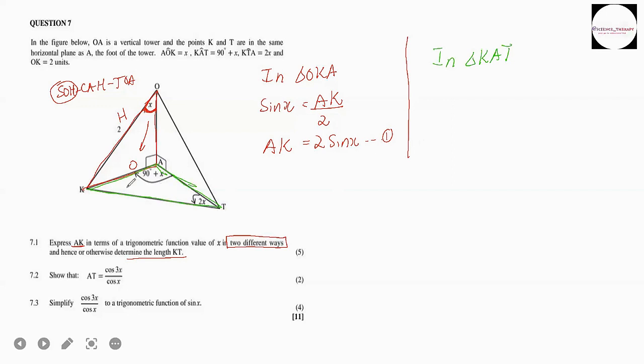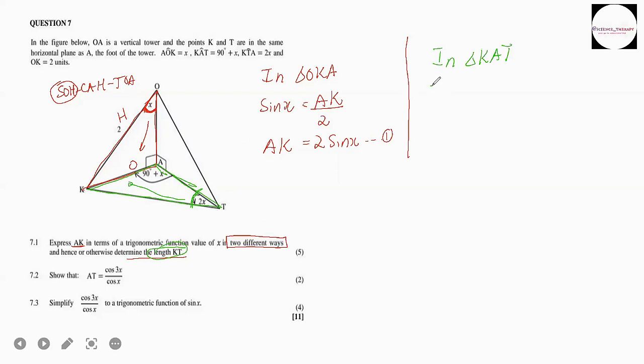Remember, we are still making AK the subject of the formula, so we should take this angle here and that side AK. Then we are given this angle here, 90 plus X, so we should take it with the corresponding side here, which is KT, the length that we are trying to determine after all.